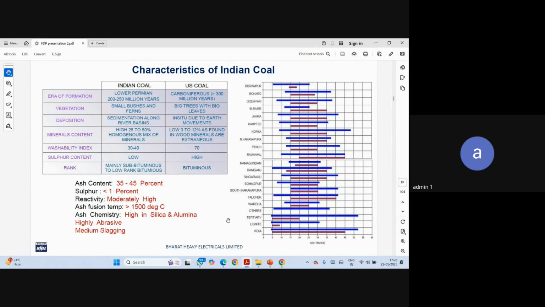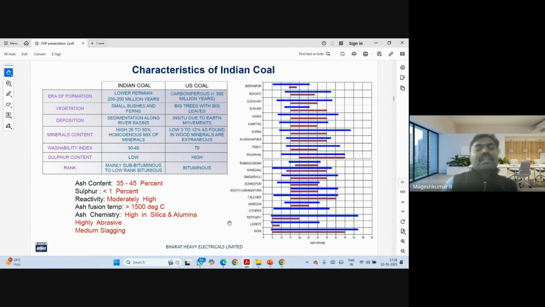So, you please. Okay. See, it is like one suit doesn't suit all. Whatever technology is developed, we can't just borrow and use it here. With respect to the coal, the reactivity of our coal is moderately high, but our ash content is 35 to 45%.